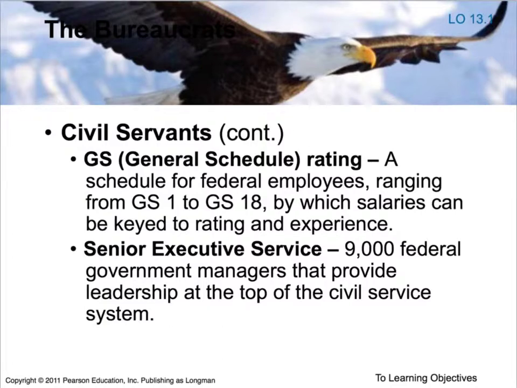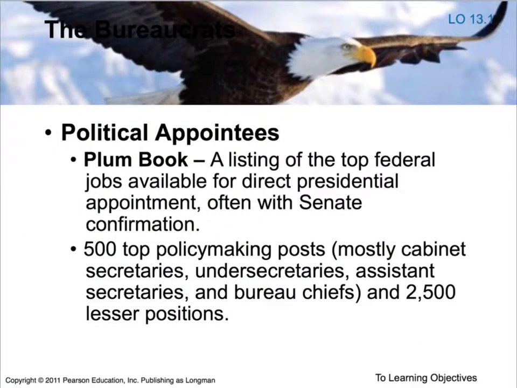Senior executive service are the 9,000 federal governmental managers that provide leadership at the top. This comes from the Plum book. The Plum book is a listing of the top federal jobs that are available for direct presidential appointment, with Senate confirmation usually.